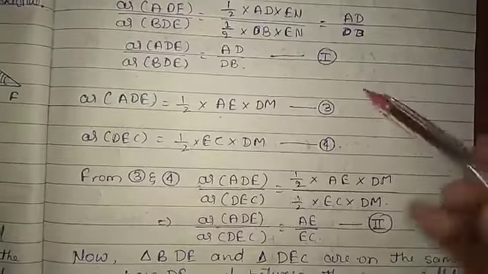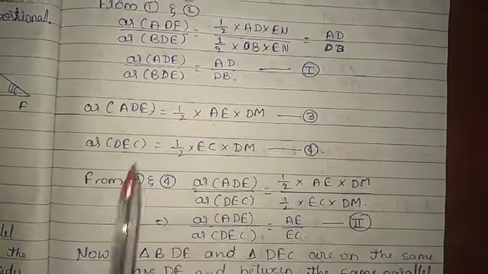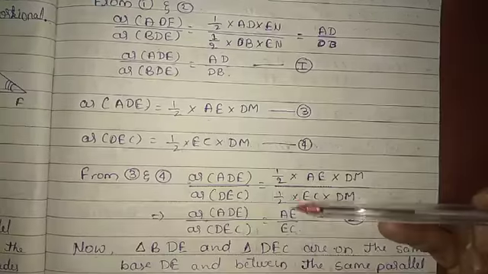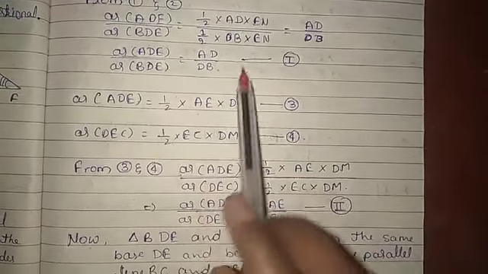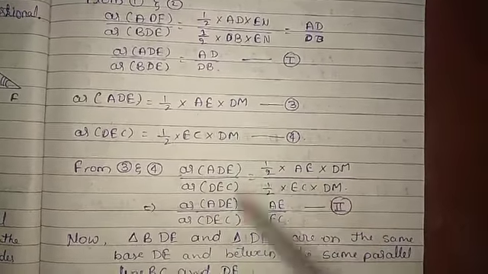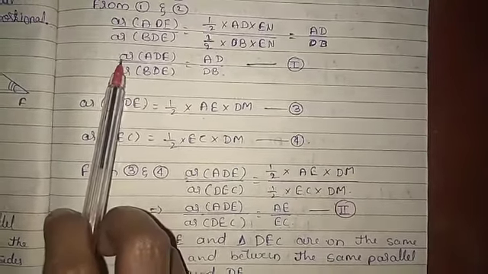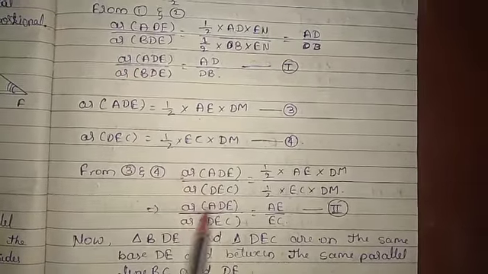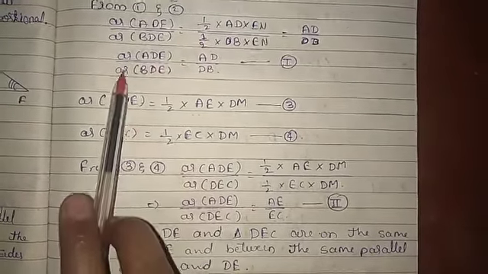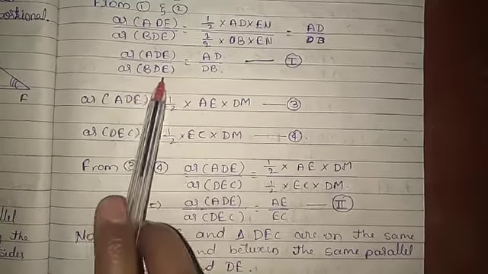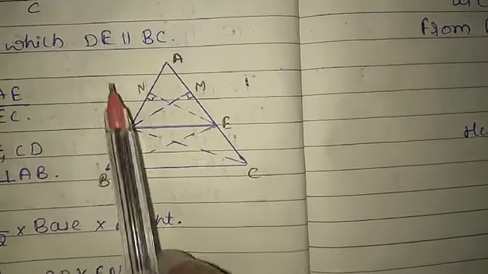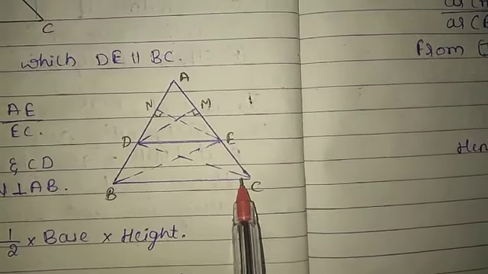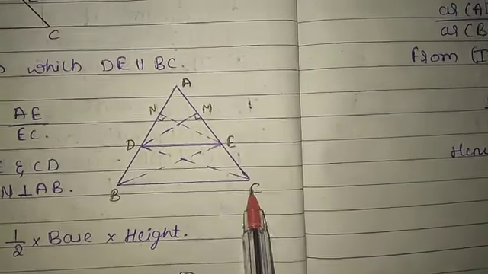See this equation and this equation. We want to prove these two ratios are equal. For that, if the LHS are equal, then the RHS will be equal. In the LHS, area of ADE is the same, but the denominator is different: area of BDE and area of DEC. In this diagram, area of BDE is this triangle and area of DEC is this triangle.